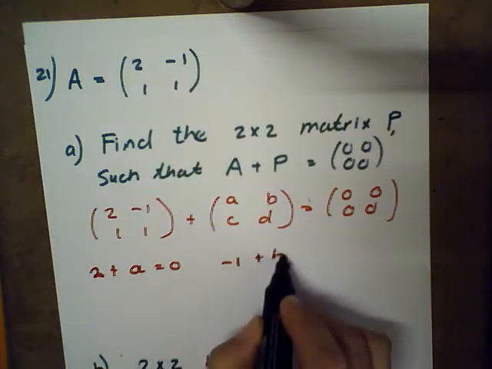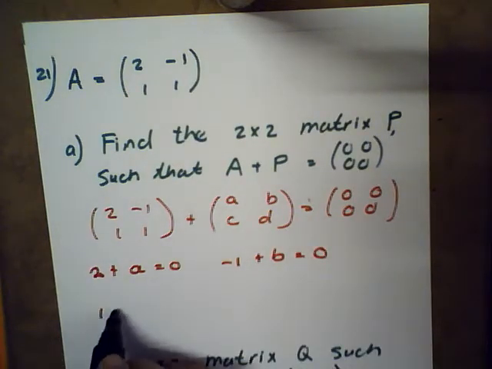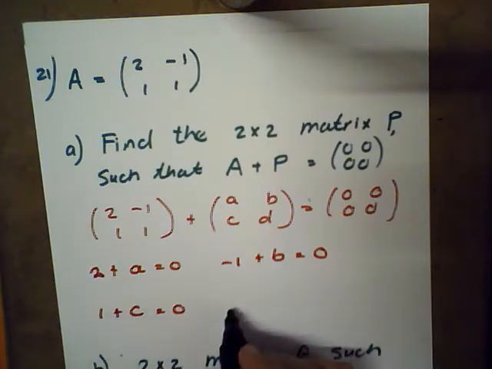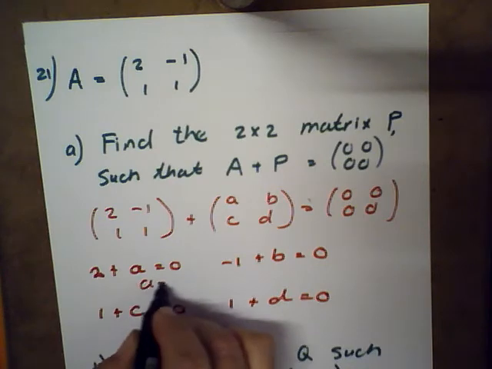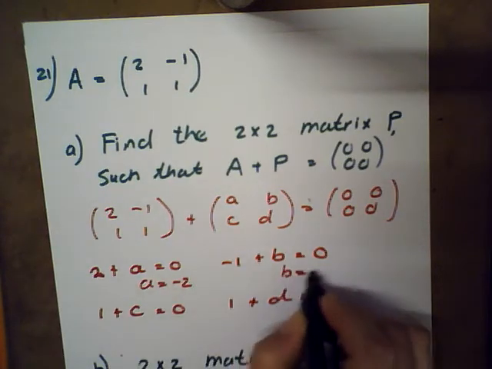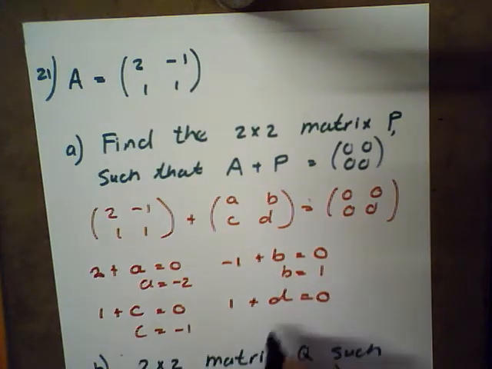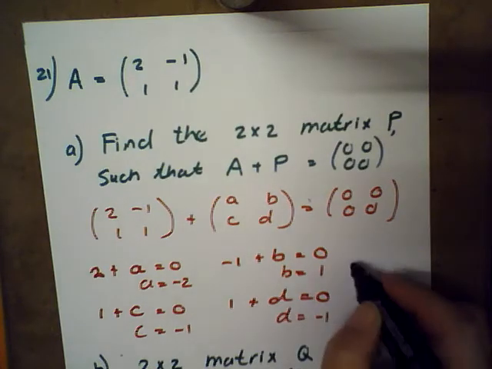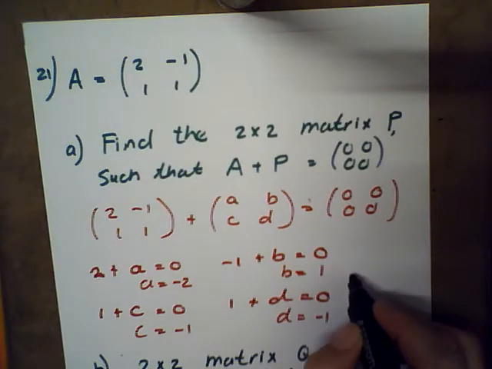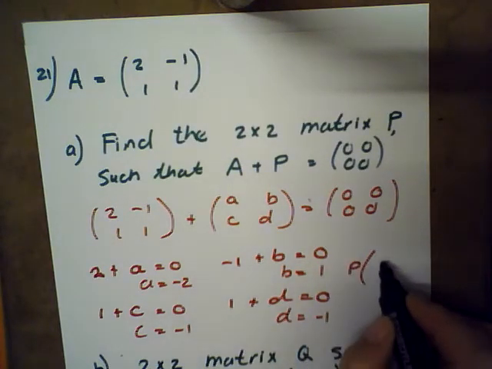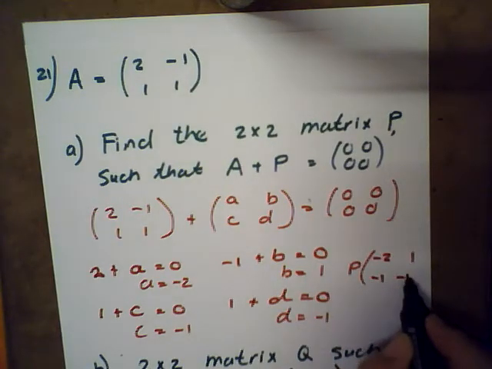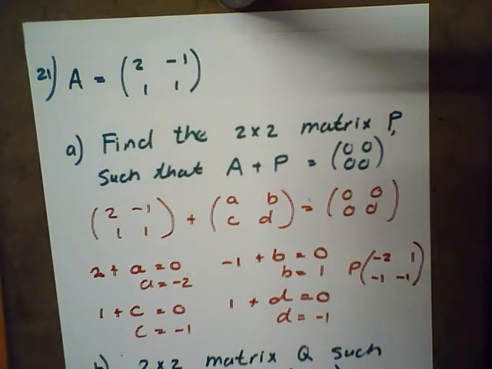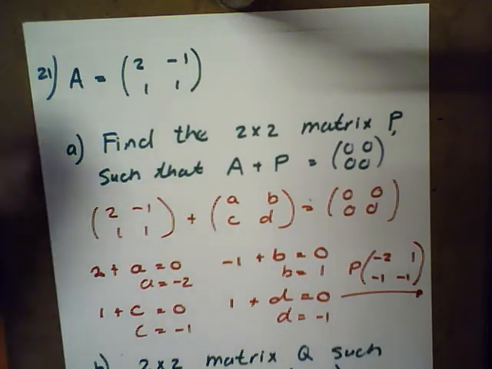Negative 1 plus b equals 0. 1 plus c equals 0. And 1 plus d equals 0. Solve for that. So a would be negative 2, b would be 1, c would be negative 1, d would be negative 1. So that matrix P would be negative 2, 1, negative 1, negative 1. Okay, and that's my answer over there.